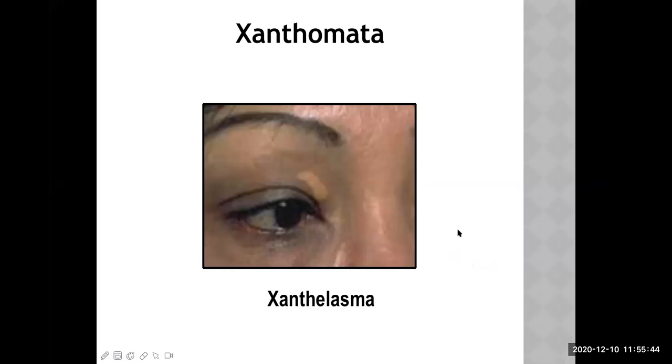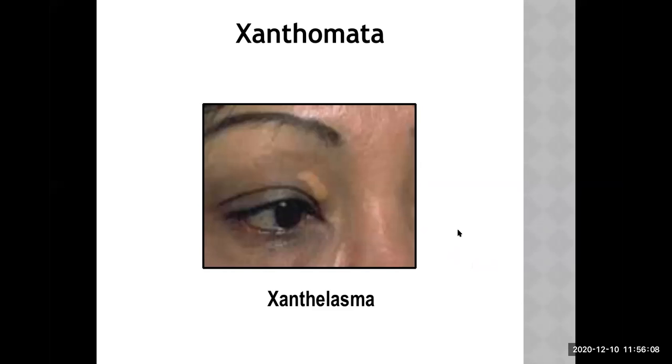Now, one extra piece of information I'd like to provide. Sometimes there may not be typical features of hypothyroidism. All those classical features we talked about, like constipation, cold intolerance, hair loss, slow activity, lethargy, decreased memory, may not be present in every individual.